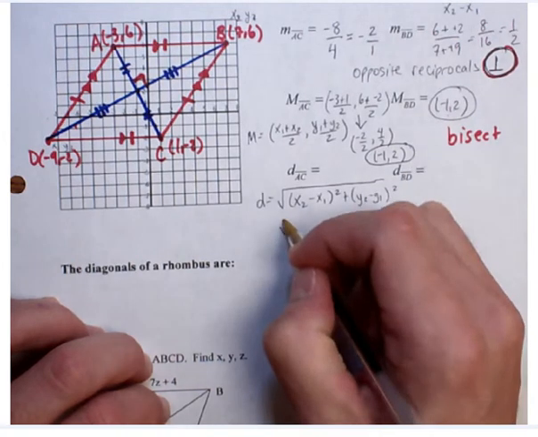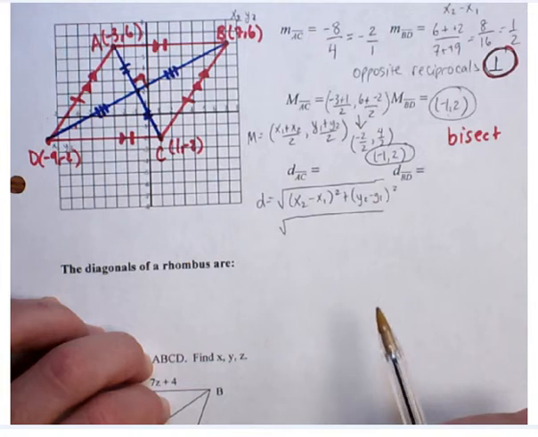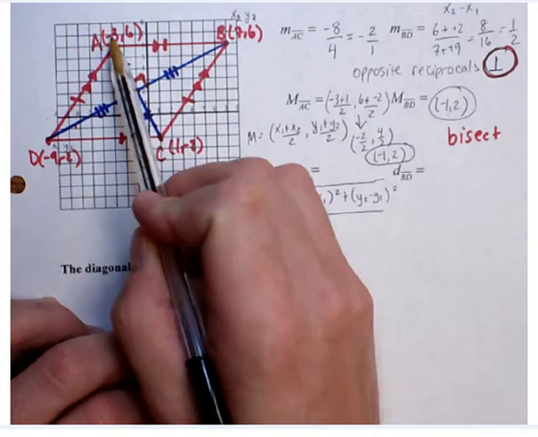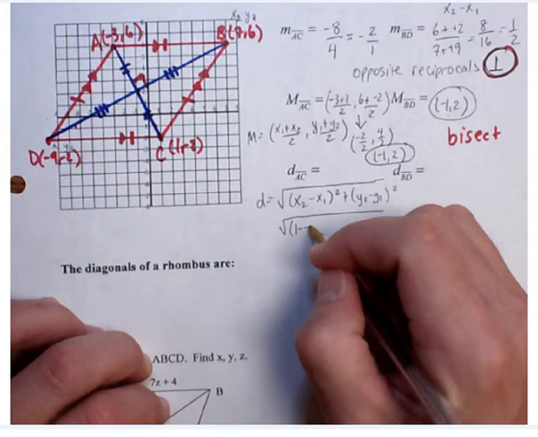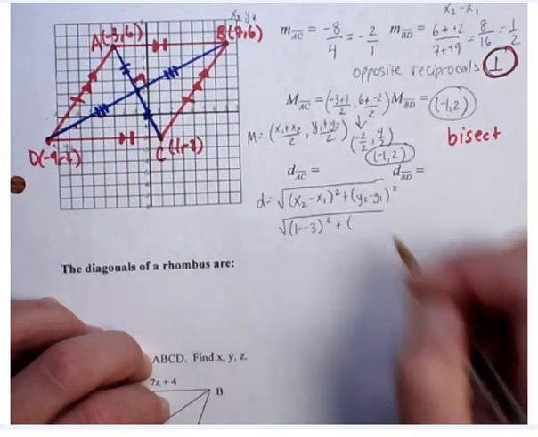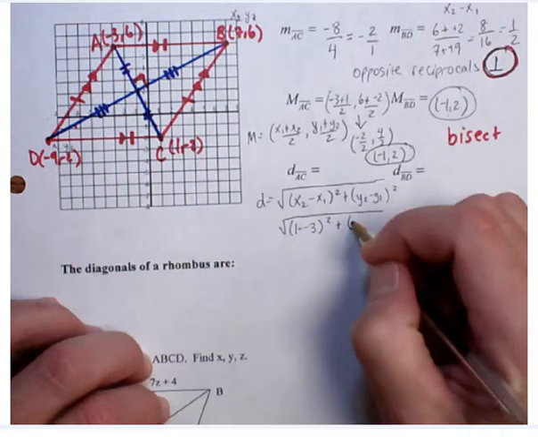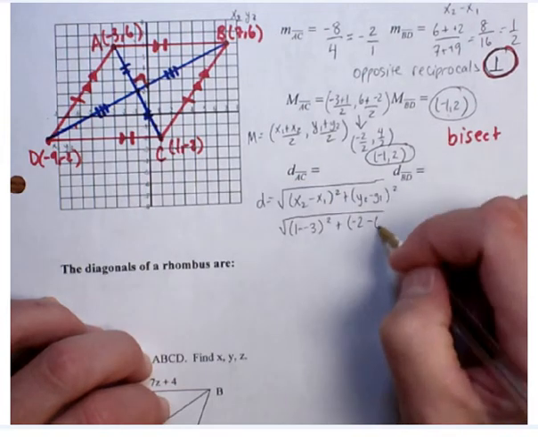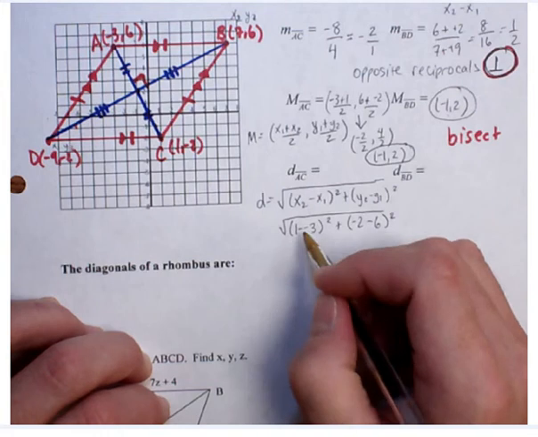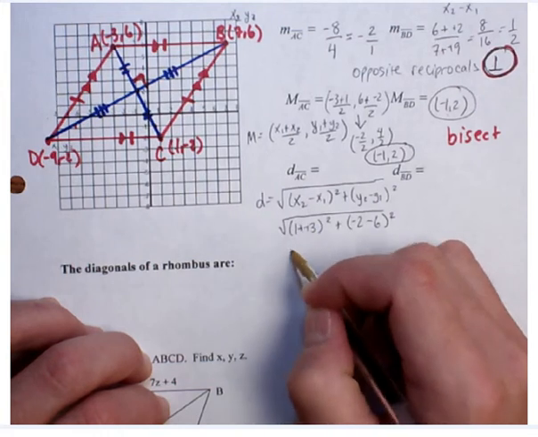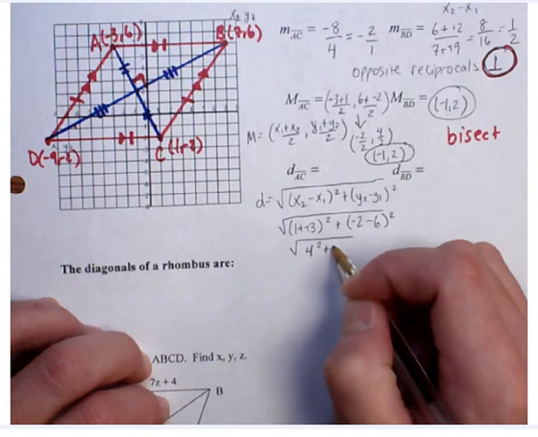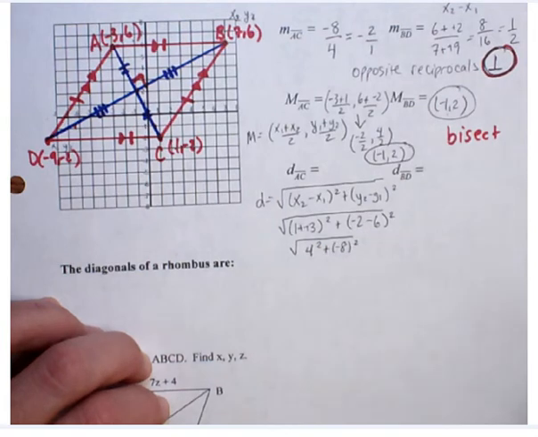So let's do distance for AC. I'm going to subtract the x's. I'll do 1 minus negative 3 squared, and then I'll do negative 2 minus 6 squared. Now minus minus is plus, again, so we get square root of 4 squared plus negative 8 squared.